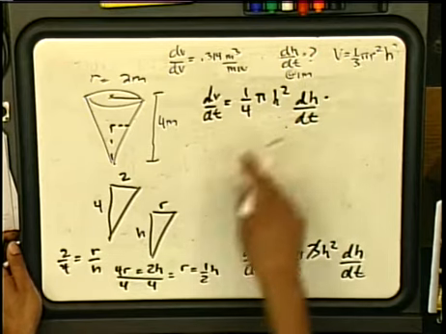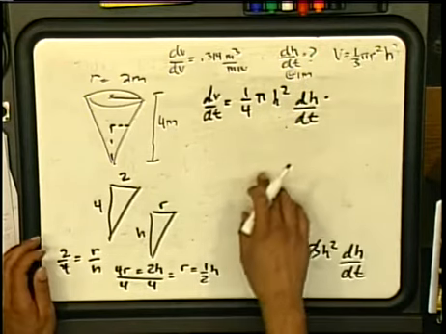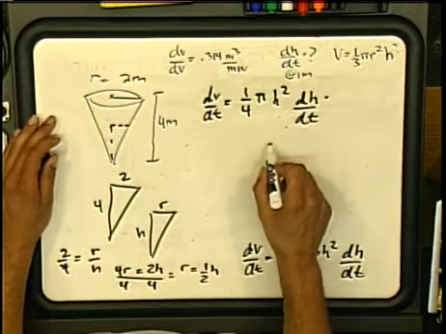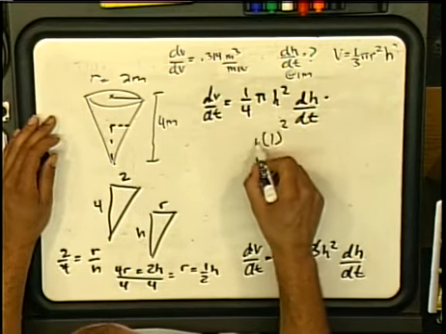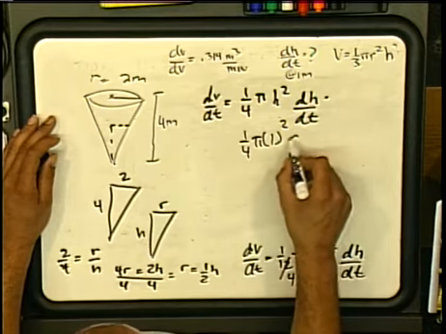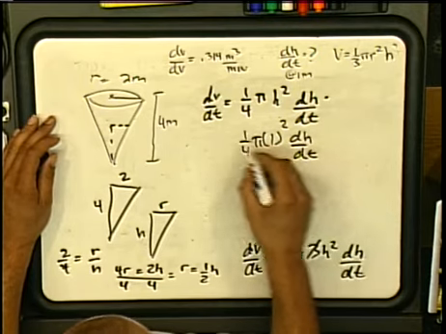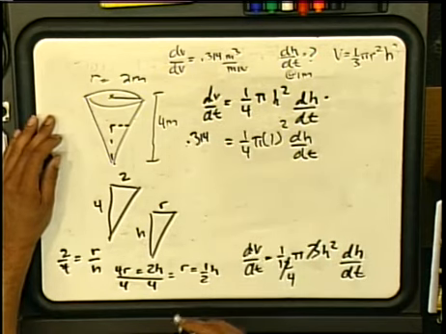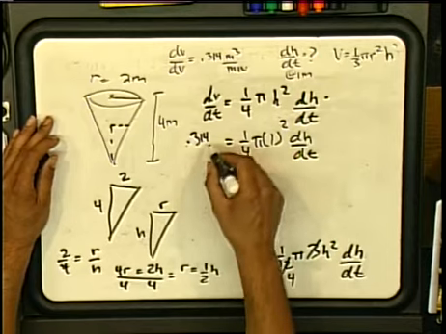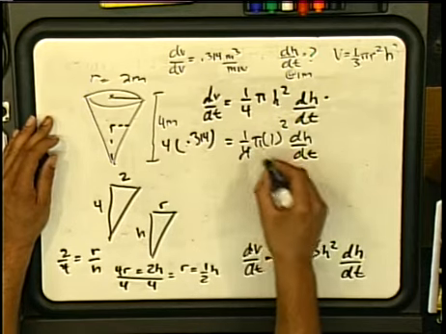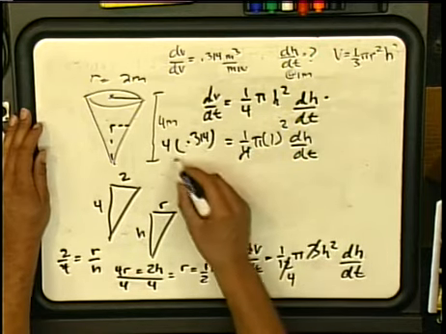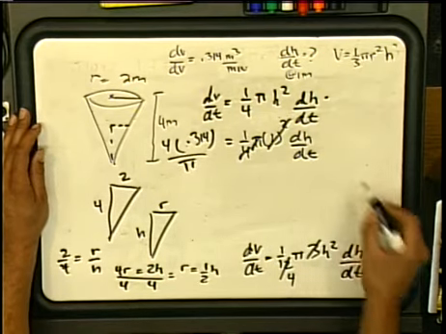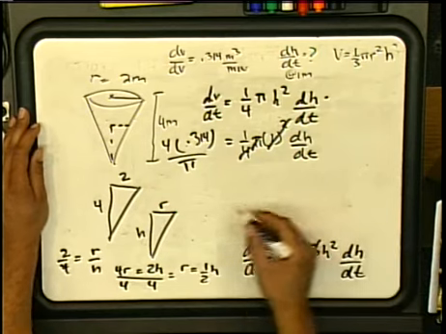They want to know the rate at 1 meter deep, so you can plug it in here. 1 squared times pi times 1/4 times dH/dt equals 0.314 meters cubed a minute. You could multiply by 4 and divide by pi. That 1 doesn't matter. Equals dH/dt.